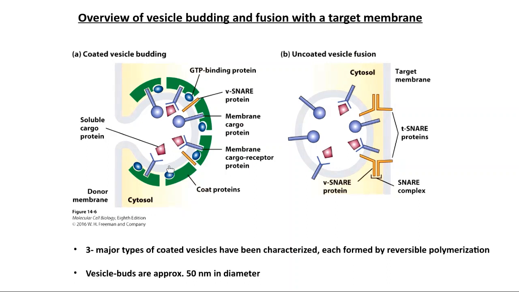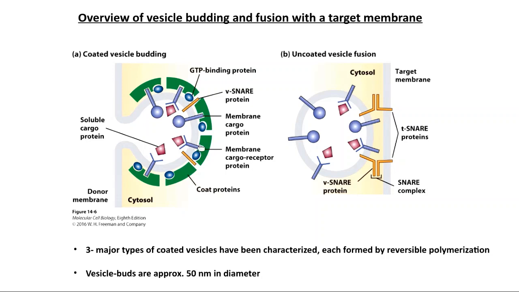Those particular GTPases will recruit particular coat proteins, and then those coat proteins will further recruit certain membrane proteins. For example, these V-snare or vesicle snare proteins. Sometimes these membrane cargo proteins, and then sometimes membrane cargo protein receptors.